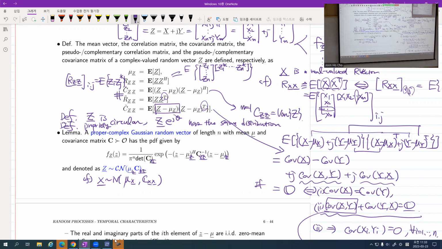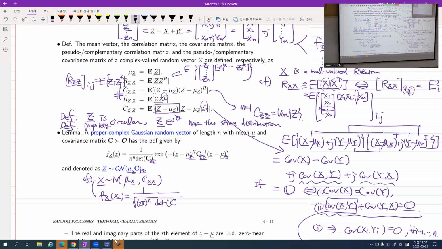Something like that. And in the real case, what was the joint density function? You had 1 over the square root of 2 pi raised to the power of n. Here, n is the length of the real Gaussian random vector. And here, what did you have?